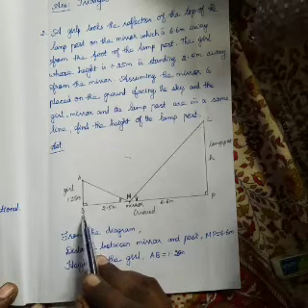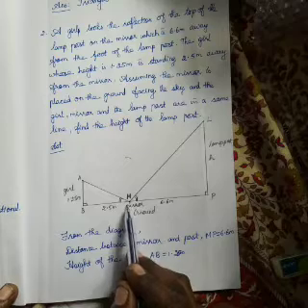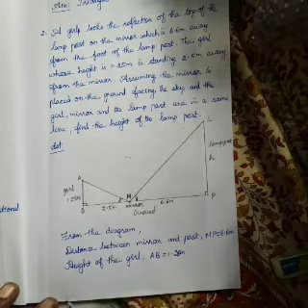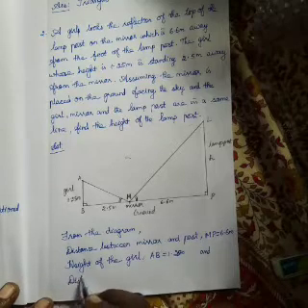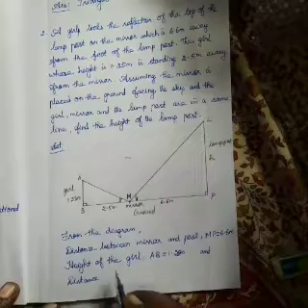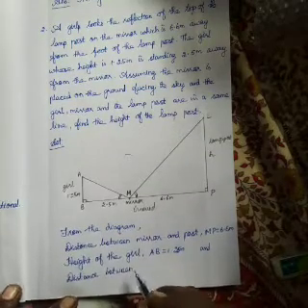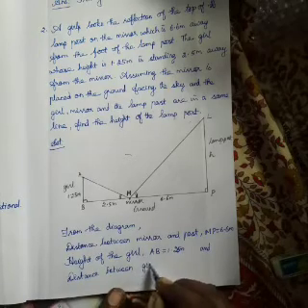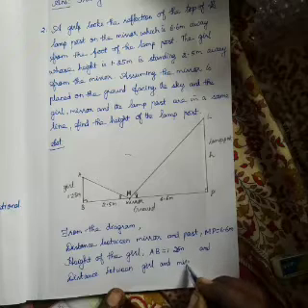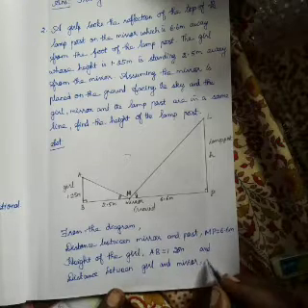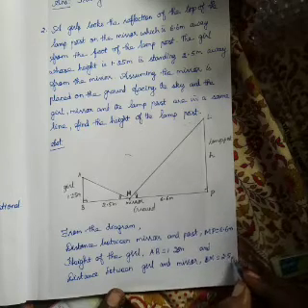Then we need to write the distance 2.5 meter, it is BM, the distance between the girl and the mirror. BM is equal to 2.5 meter.